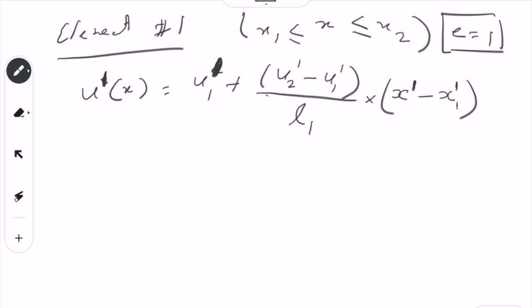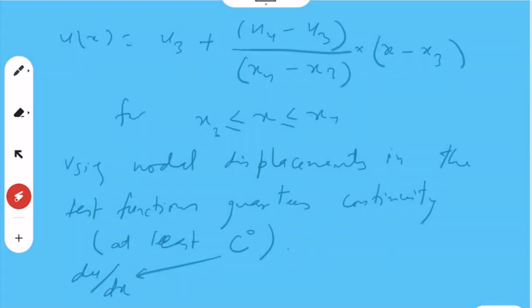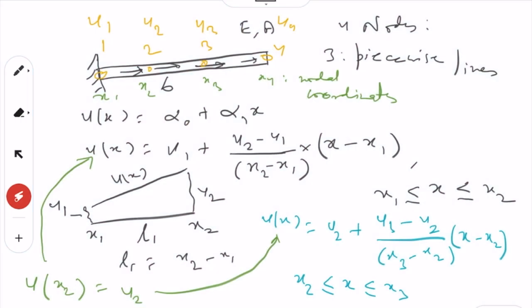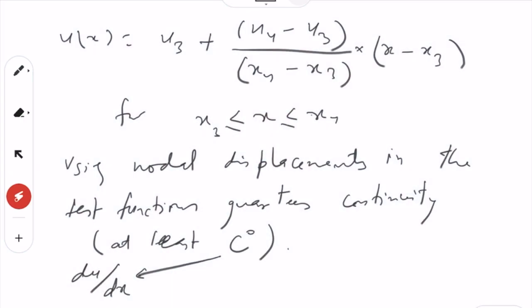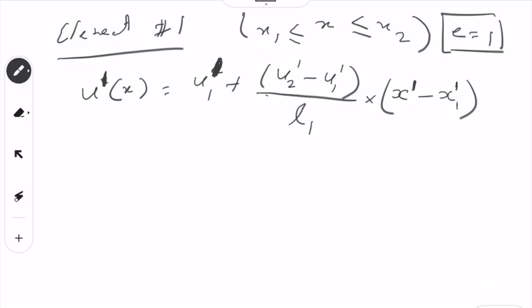I am formulating everything in the local coordinate system. The first element is basically this one, from here to here, and everything I am writing locally.